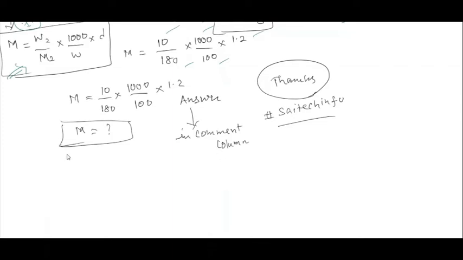So you have to enter this W. W is nothing but 100, because the weight of the solution is 100. So M is equal to W2, 10, divided by 180 into 1000 divided by the weight of the solution, 100, into density. Why is the weight of the solution 100?